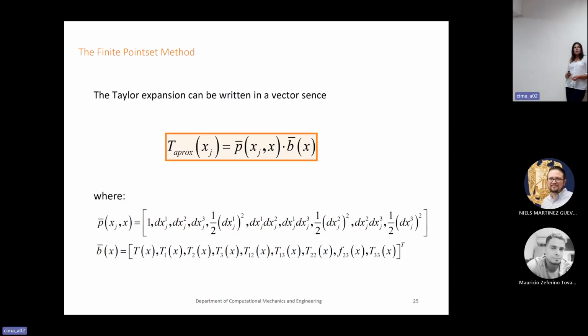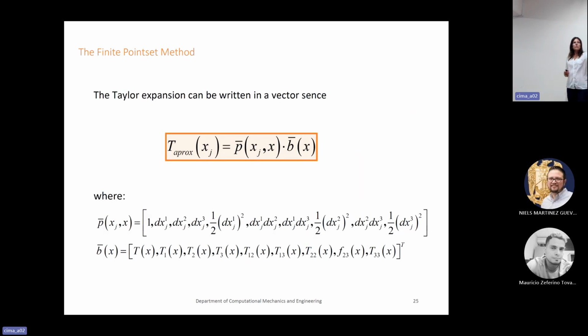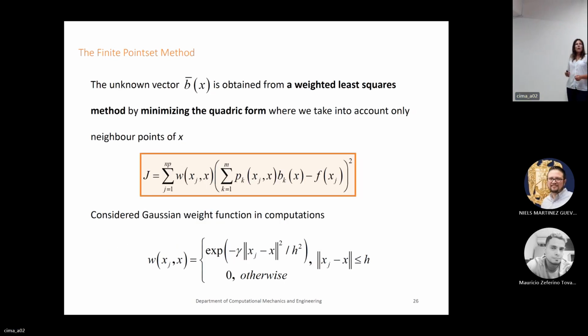And this Taylor expansion we can write in a vector sense, so it's the same, but using vectors. And the unknown vector b is obtained from a weighted least squares method by minimizing the quadratic form that we can see here.